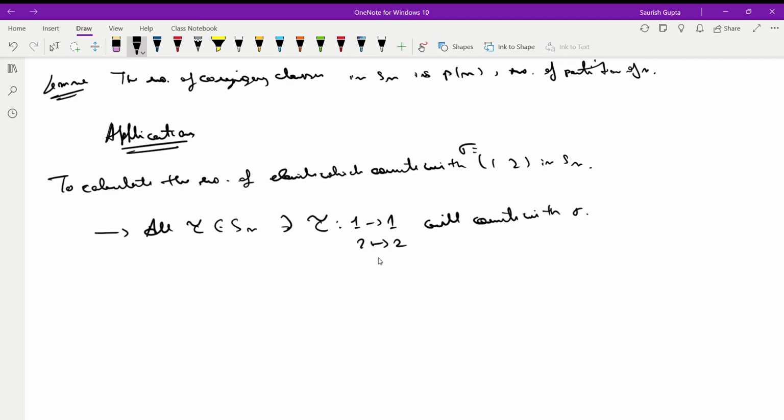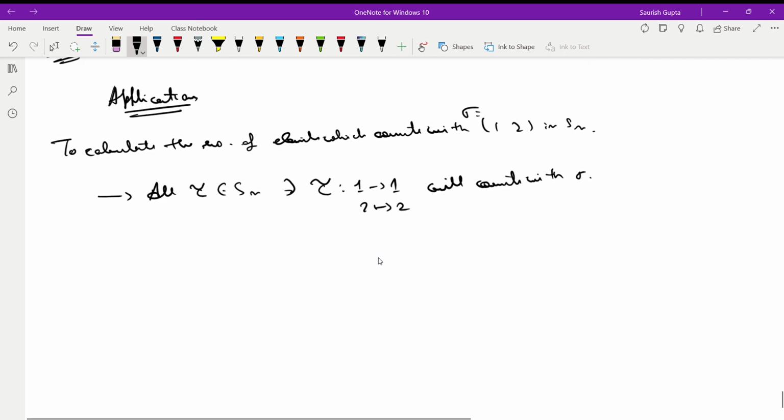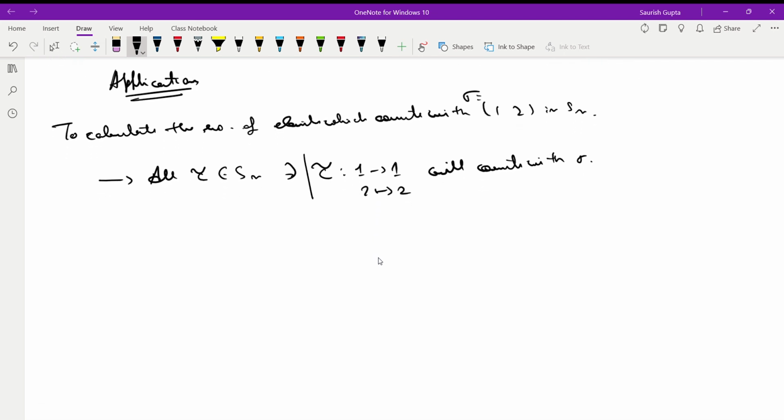Because the problem in commuting only comes when both permutations have images of the same elements. That's when the problem in commuting happens. So if I consider all those permutations which have 1 and 2 fixed, then those elements commute with sigma. What is the number of possible permutations which have 2 of their elements fixed? We have n elements which are getting permuted, 2 of them are fixed, so we are left with n minus 2 factorial such permutations.